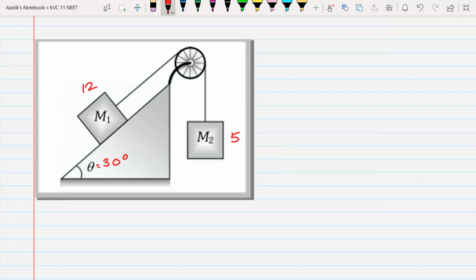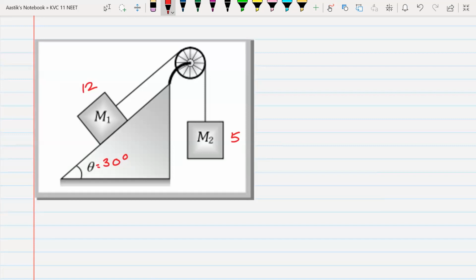Minus 10 by 17. What do you mean by minus? You have to tell me the meaning of minus. If you don't tell me the meaning of minus, that is the problem.